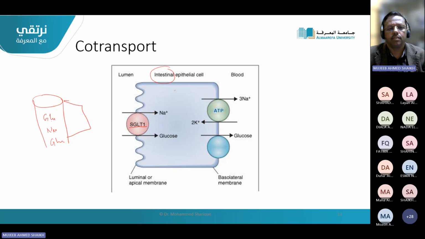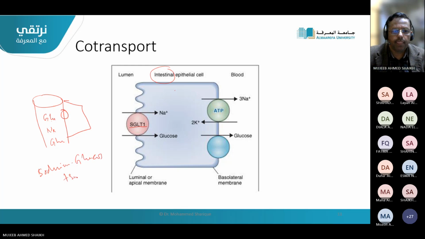On the brush border of the epithelial cell, there is a channel which we call the sodium glucose transporter. The S means sodium, GL for glucose, T for transporter, and number 1. Sodium glucose transporter number 1, SGLT1.